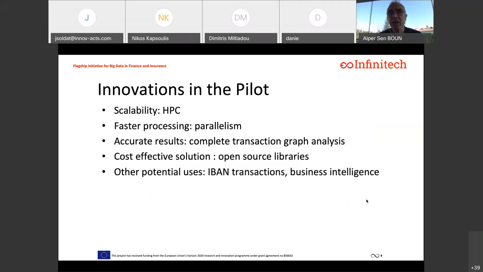It has hundreds of millions of data points in it, and we have an efficient way of handling this thanks to high performance computing. And it's a cost-effective solution because we are mainly using open source libraries. The way that we are generating this transaction graph can also be used in other application domains such as IBAN transactions, as well. But that's not what I'm going to be talking about today.